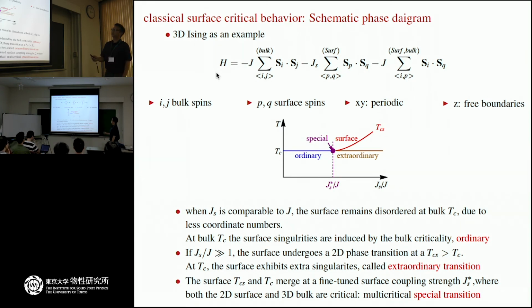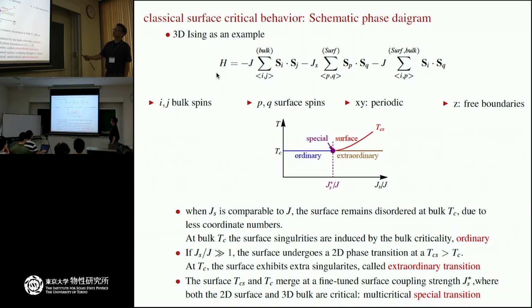Here's a classical model. We think of a 3D Ising model. The Hamiltonian is like this.